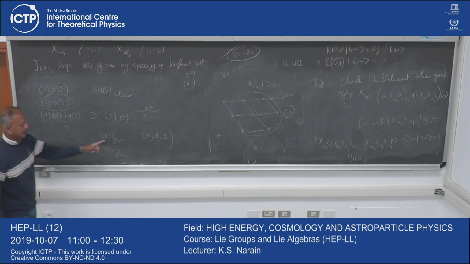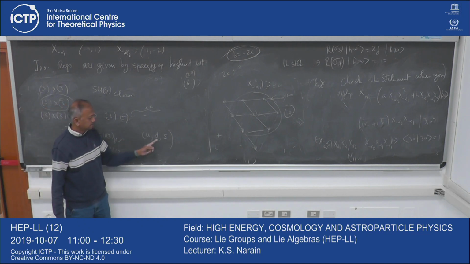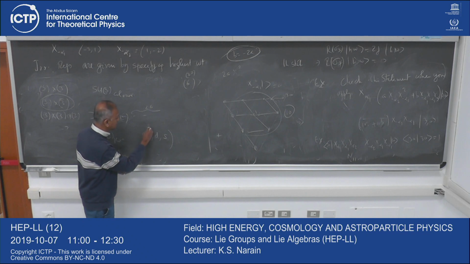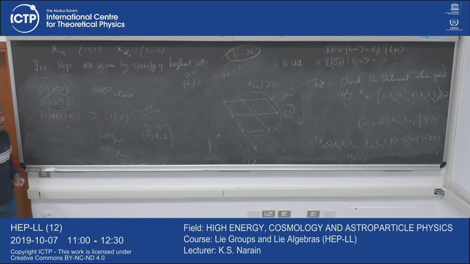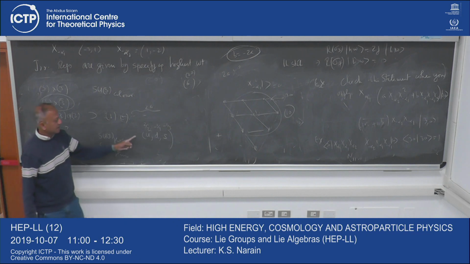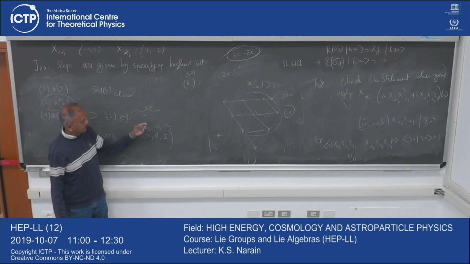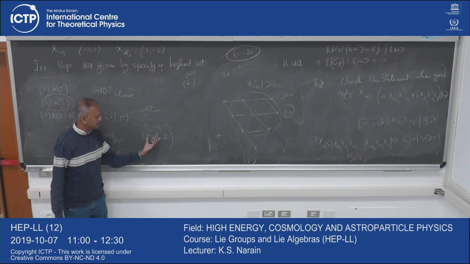Even though they had different masses and different charges, I mean, plus 2/3, minus 1/3, minus 1/3, these electric charges are different, he just assumed, okay, let's assume there is a symmetry between them.